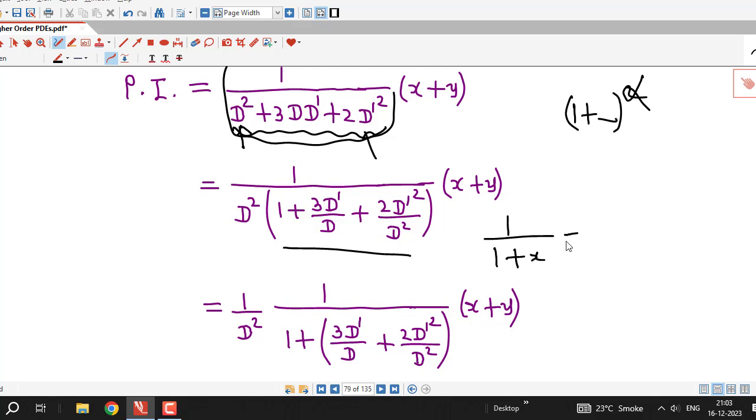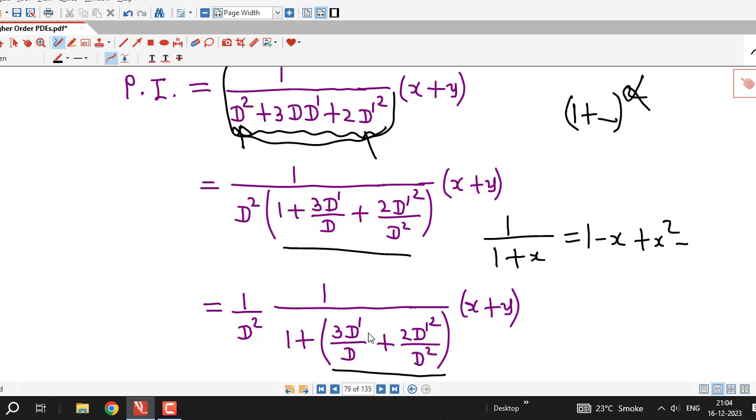1 over 1 plus x is 1 minus x plus x square, alternately positive and negative, with the power of x increasing. Here also I have to write x equal to this quantity, and I have to decide up to which power I will have non-zero contribution.